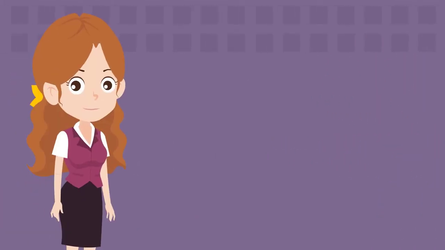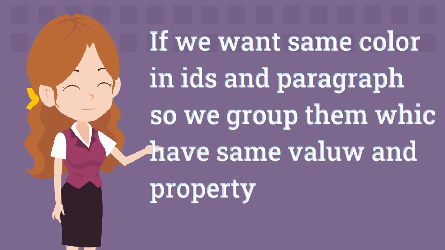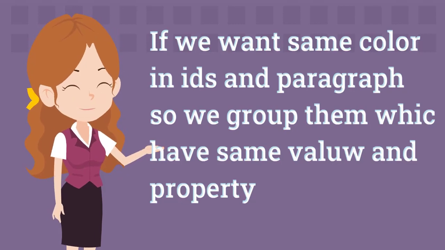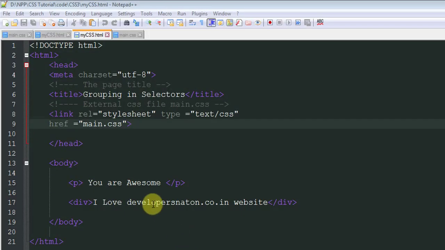If we want the same color in an ID and a paragraph, we can group them both and assign the same value of color. So let's see how we can do that.